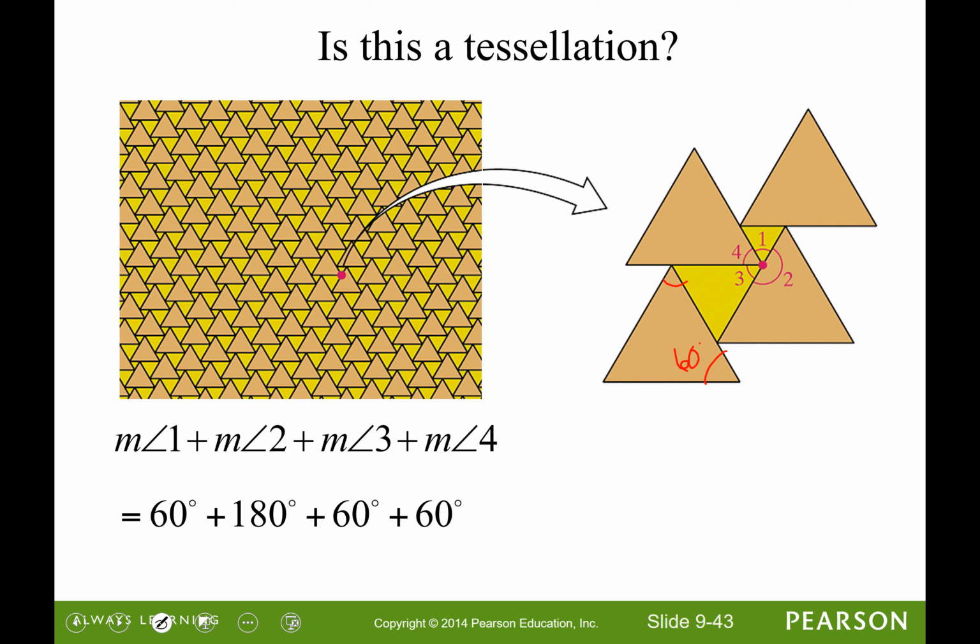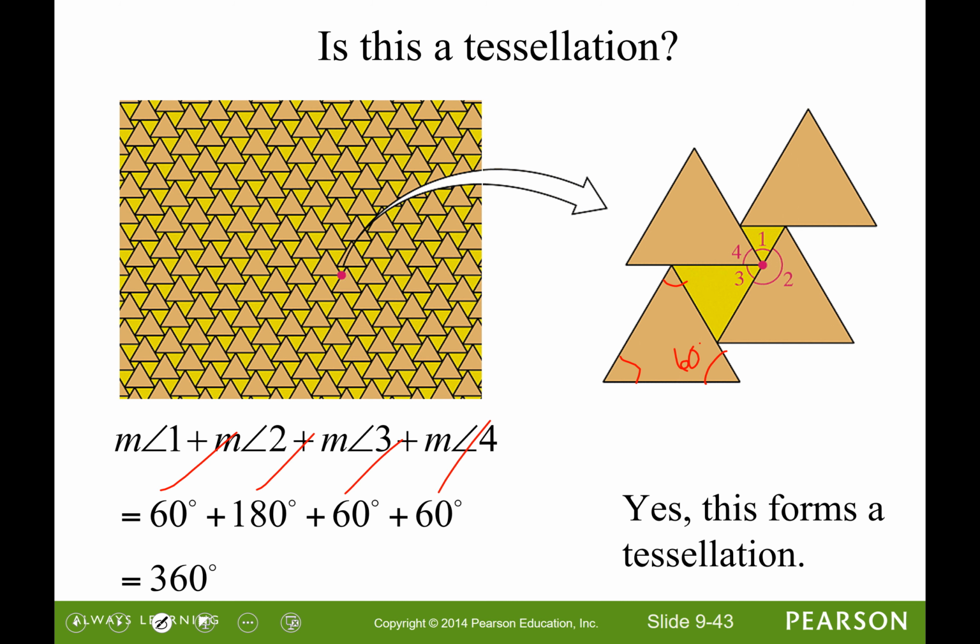Angles 1, 4, and 3 measure 60. And angle 2 is not an interior angle of the equilateral triangle, but rather a line, a straight angle measuring 180 degrees. So we have 60, 180, 60, and 60, which does add to 360 degrees. So we can say, yes, this tiling pattern forms a tessellation.